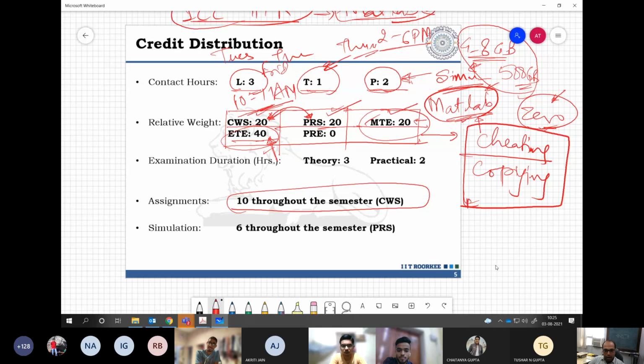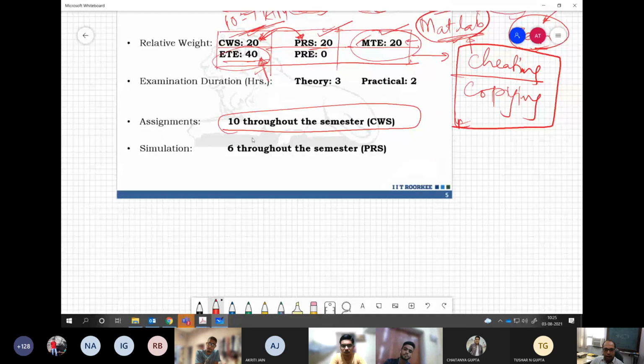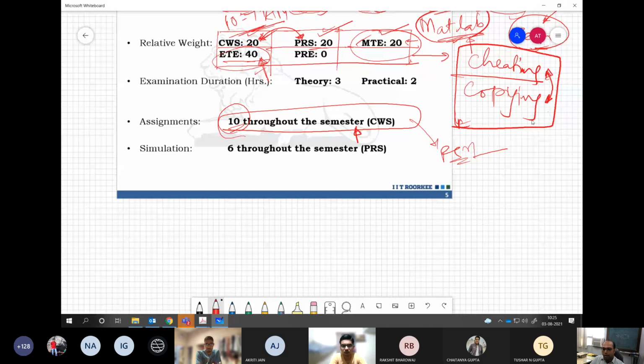Okay. Now, regarding the assignments, typically we will have 10 assignments throughout the semester. But this number actually depends on your performance. If you perform well, which includes without going by unfair means, then this number may reduce.